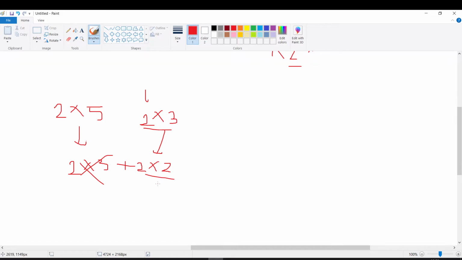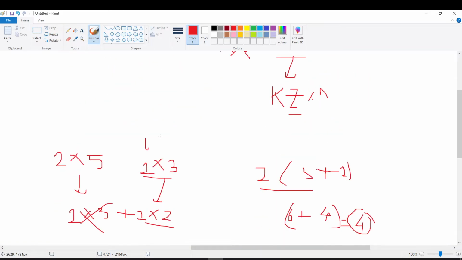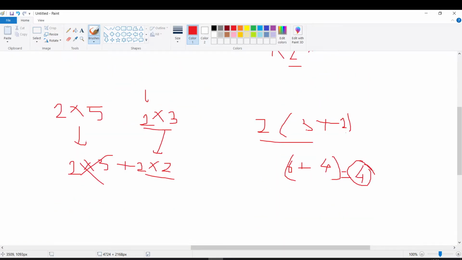What is this one? 2 into 3 plus 2, 3 plus 2. This is 6 plus 4. Okay, the value is 10, right? The value will anyway be 4. It's not always k, it's some value of 4.